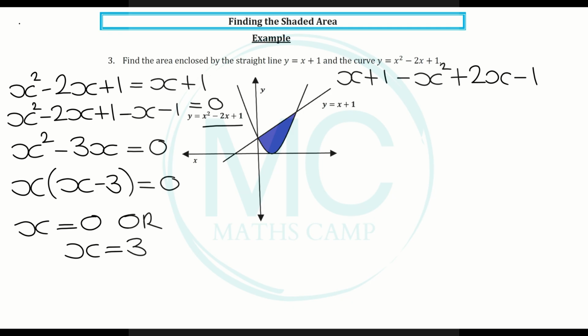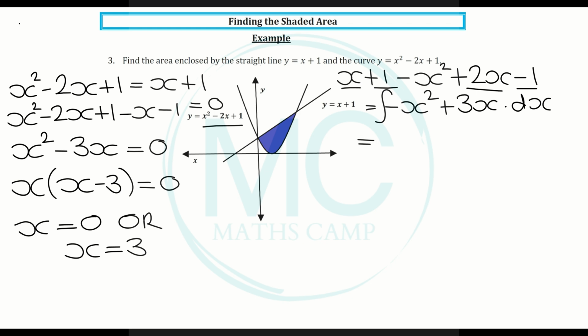Now we can add like terms. We have negative x squared, x plus 2x gives us positive 3x. 1 minus 1 will cancel out. So this is the equation that we need to integrate.